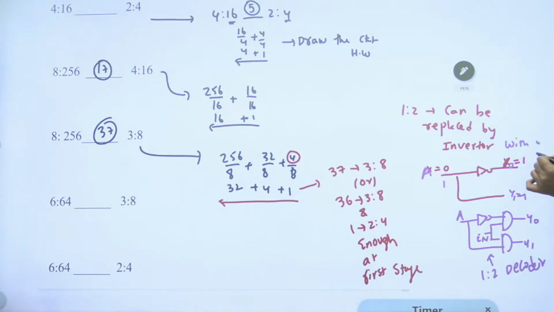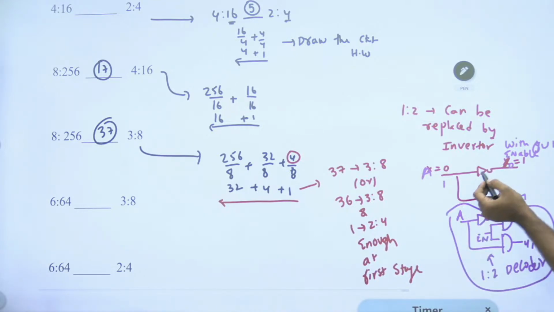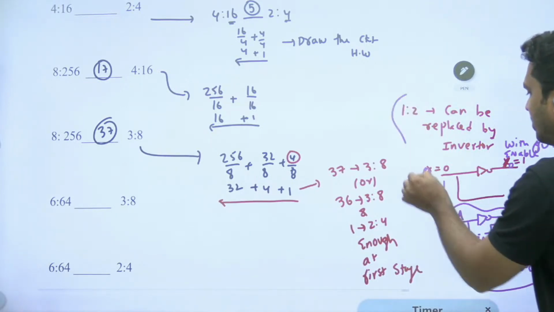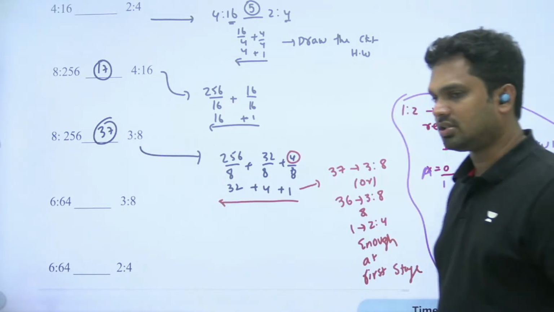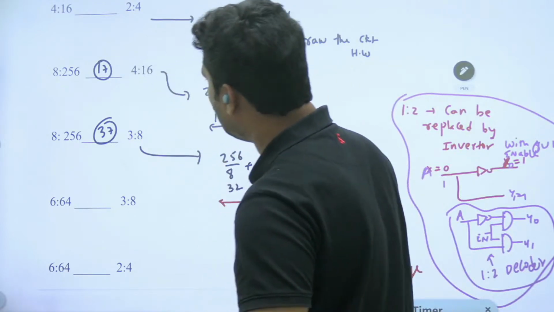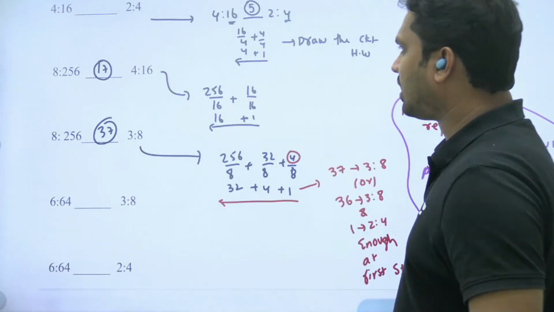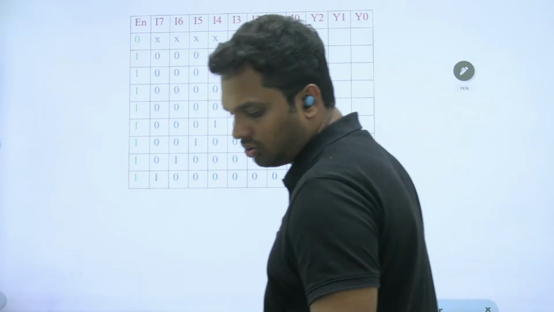Without enable, if you don't need an enable input, a 1 by 2 decoder and an inverter are the same. But if you need enable, you should use these extra gates and this will make a 1 by 2 decoder, because only when enable is 1, based on A, you get the output equal to 1 or 0. Generally in exams, they replace it with an inverter also, it is sufficient. So this is how you can convert one decoder to another decoder.